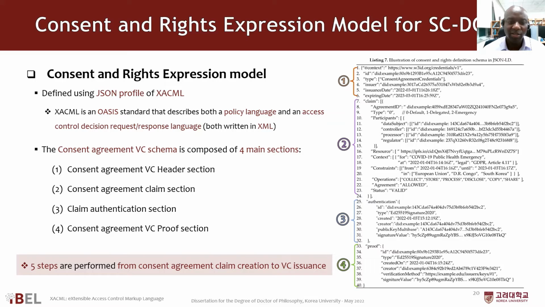The first section contains the consent agreement verifiable credential header related attributes. The second section contains the consent agreement claim, which includes all the consent agreement related specifications such as participant, resource, context, constraint, operation, and status. And the next is the consent agreement claim authentication, which contains claim authentication related parameters.